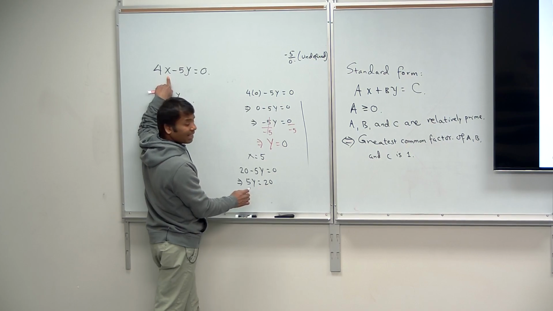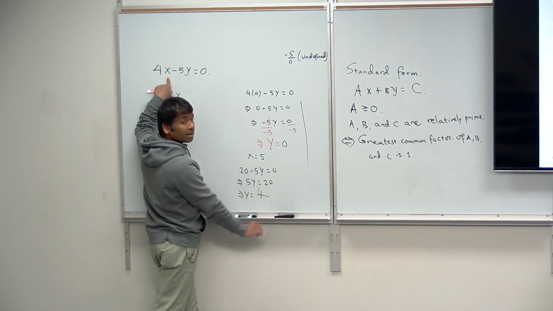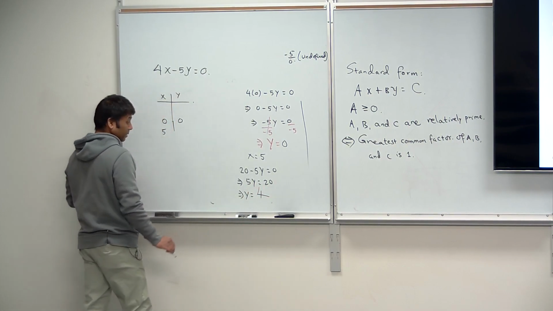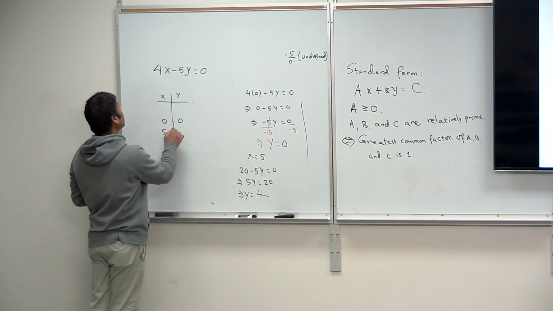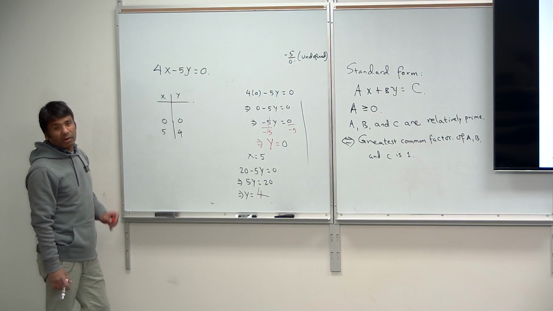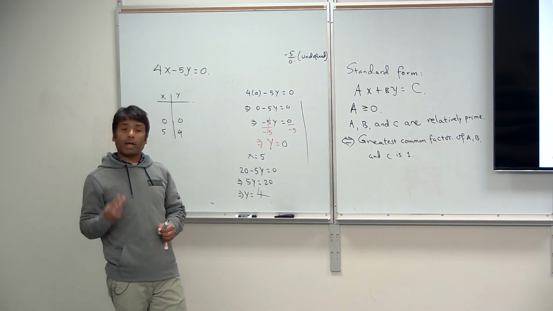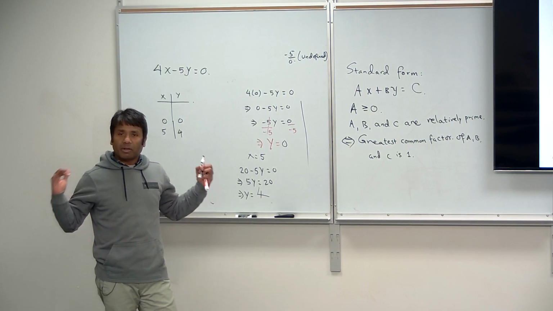And what will be the value of y? 4, right? So that will be 4. So if you have 2 points, then you can draw the graph in the plane.